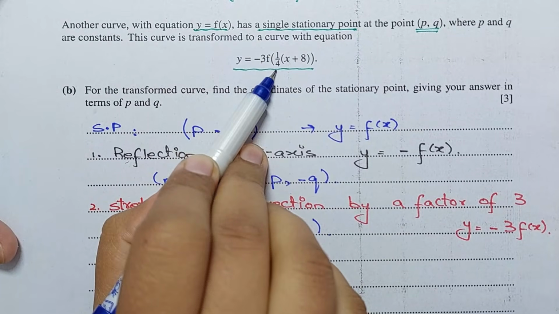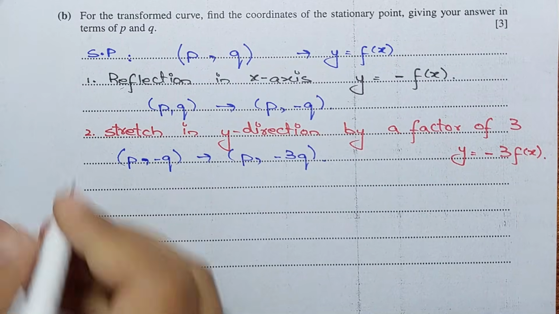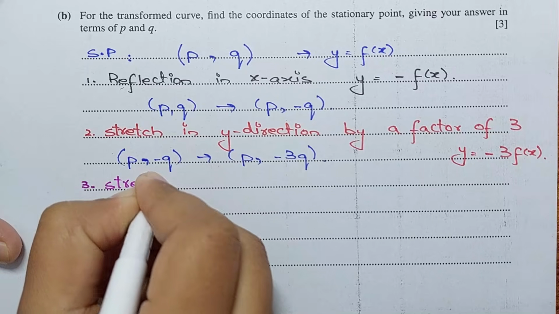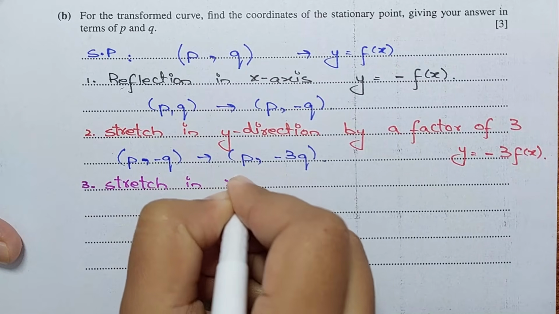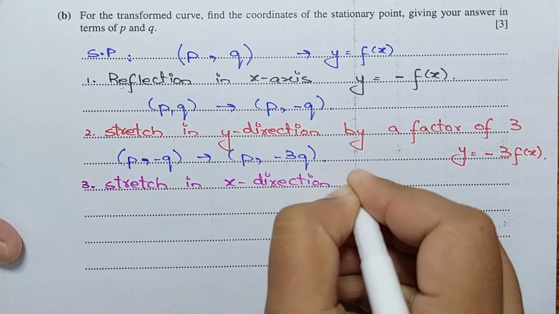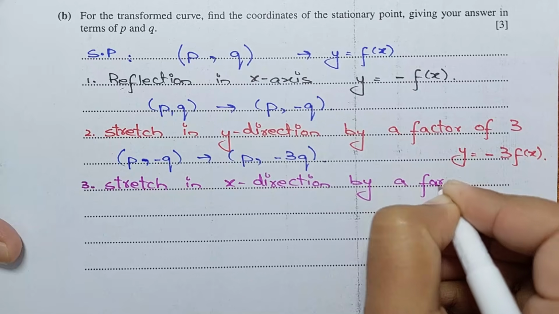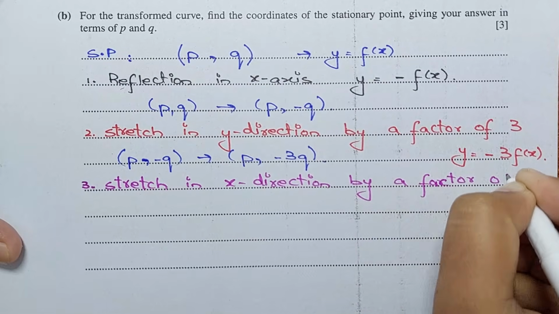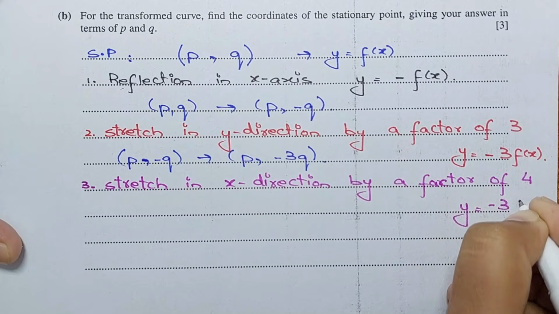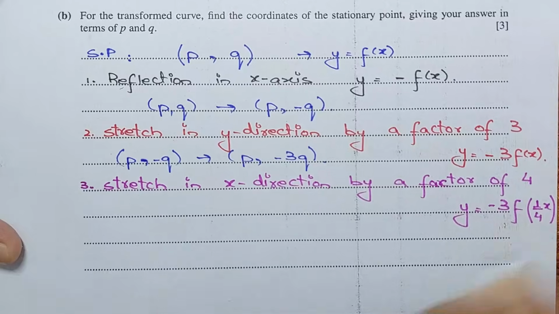Now what is this 1 by 4? 1 by 4 is a stretch in x direction by a factor of 4. The third transformation is a stretch in x direction by a factor of 4, and y equals minus 3 f of 1 over 4 x.